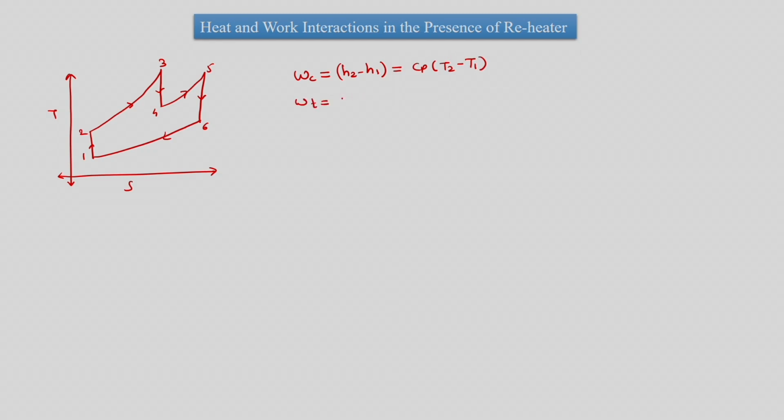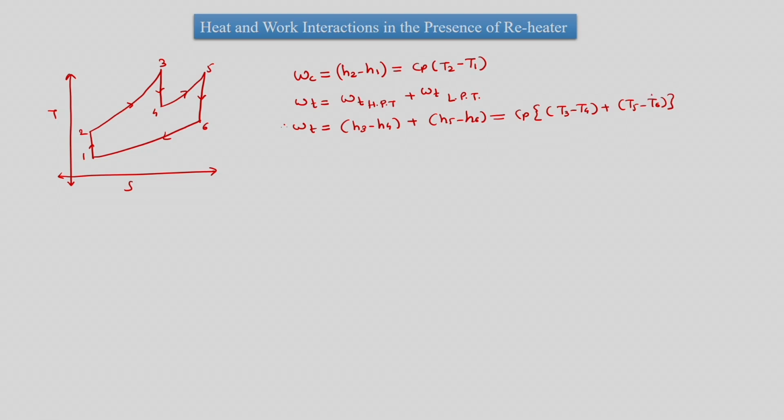For the turbine, there are two turbines, so we will write Wt high pressure turbine plus Wt low pressure turbine. So we will have Wt is equal to H3 minus H4 plus H5 minus H6, and then this can be further said as Cp into T3 minus T4 plus T5 minus T6.